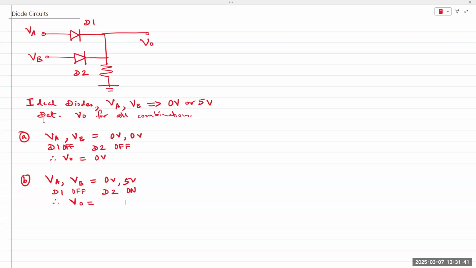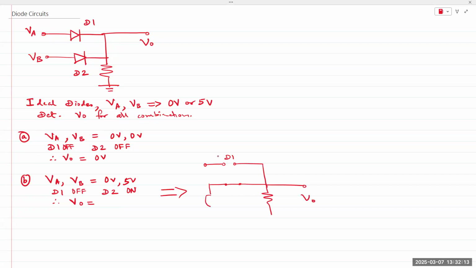Let's redraw the circuit. So for this possible state, D1 is off, so it stays there. This is connected, but it doesn't actually matter.